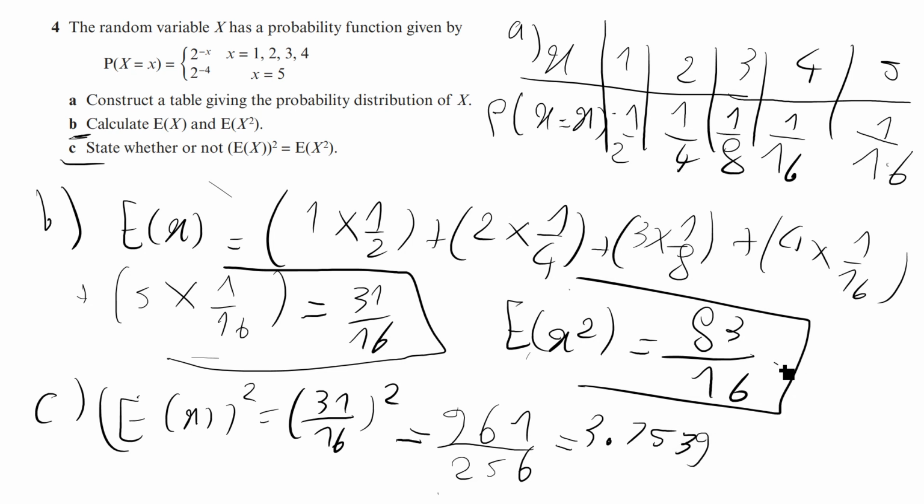And also let's write the other value in decimal places as well. So this value is different, because if you write this in decimal places, it will be equal to 5.1875, and these are not equal to each other.